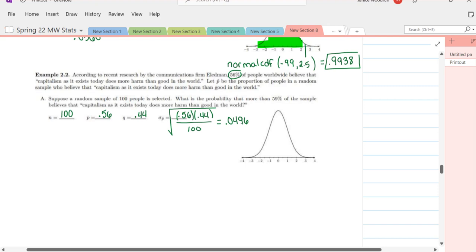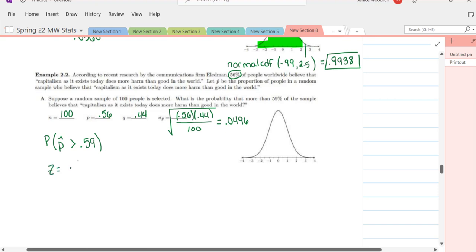Okay, so we have all of that, and then we want to write down what we're looking for. So we're looking for the probability that p hat is greater than 59%, so 0.59. So we will find the z-score for that.